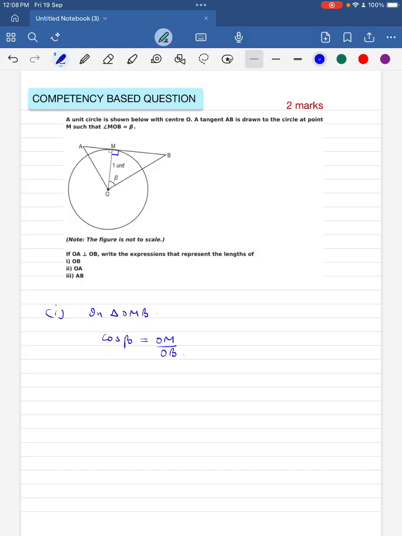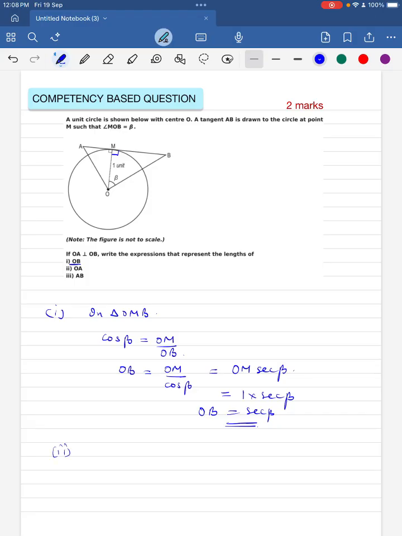Now we are expected to find the length of OB, right? So let me bring OB to the other side. So I would have OM by cos beta, which is equal to OM secant beta. The length of OM is 1 unit, so 1 into secant beta. So we would get the value of OB as equal to secant beta.